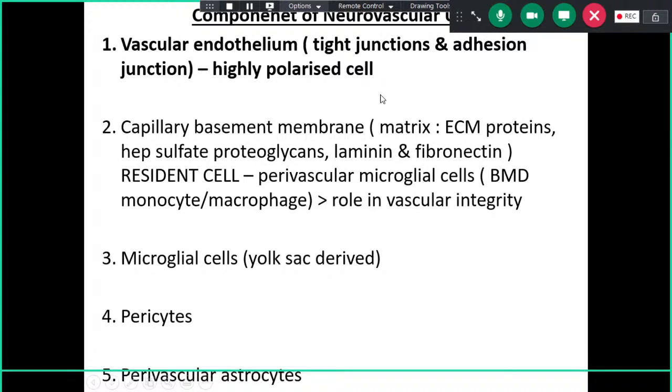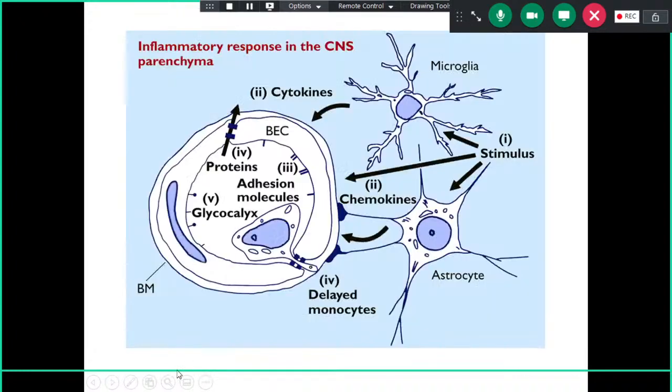But first, look at the composition of a neurovascular unit or blood-brain barrier. If you look from inside to outside, first is the vascular endothelium with tight junction adhesive molecules. So from the blood vessel outward to the brain parenchyma, first the vascular endothelium, then the capillary basement membrane, then the microglial cells surrounding blood vessels, and pericyte and perivascular astrocyte.